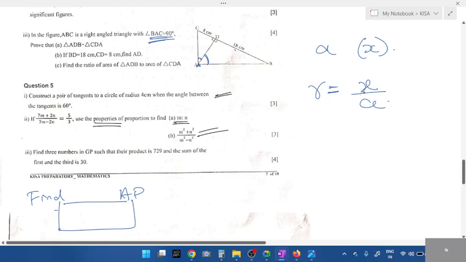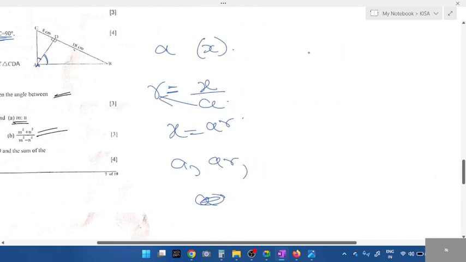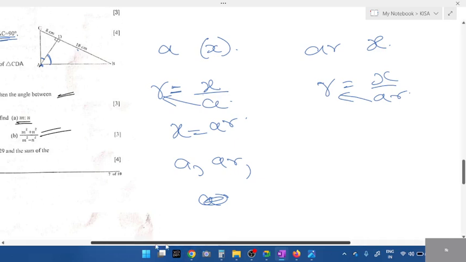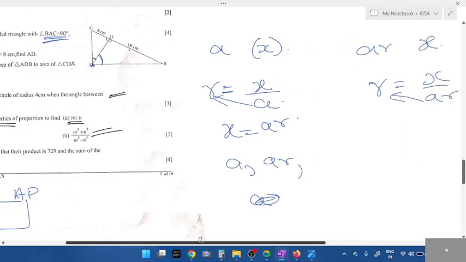Then X value is equal to A into R. X is equal to AR. So A comma AR comma the third number. Now if you take AR, the third number, if you take it as X, ratio is equal to third divided by AR. Three numbers in GP.